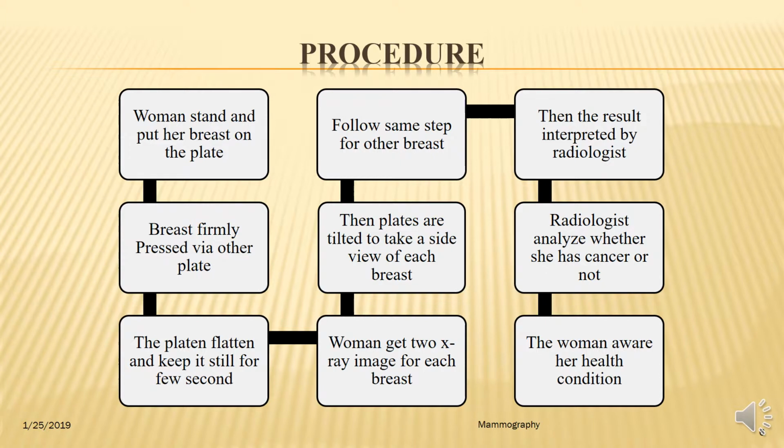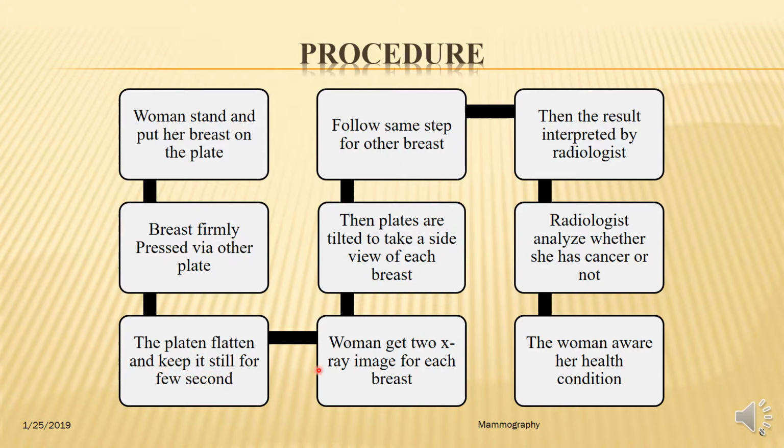Here is the working procedure of a mammography device. When the woman is in a mammogram, she stands and puts her breast on the plate, and the breast is firmly pressed by another plate to flatten it and keep it still for a few seconds.